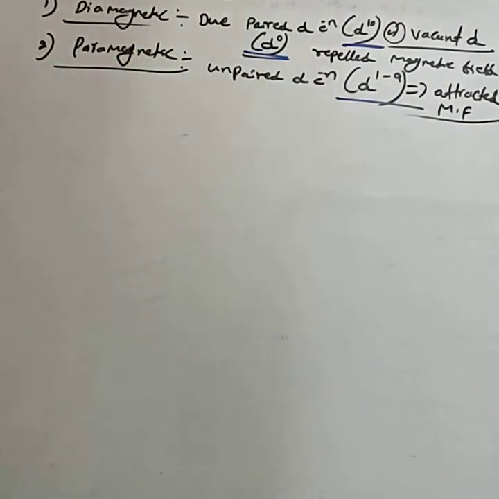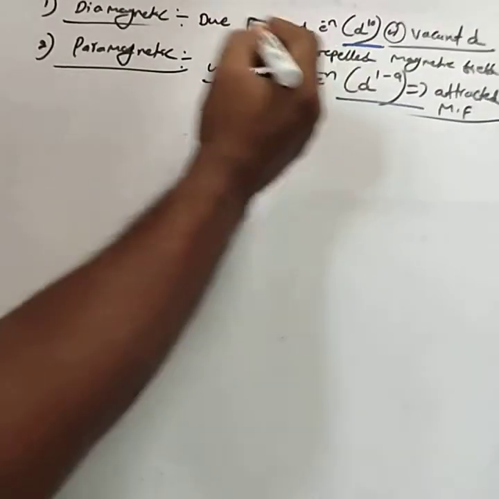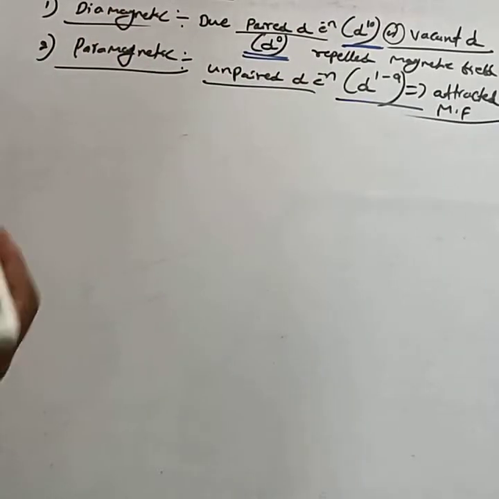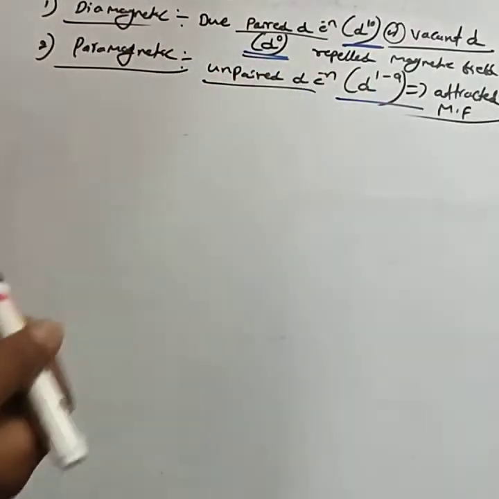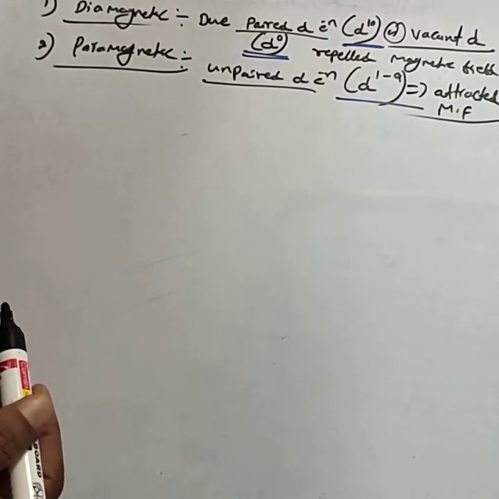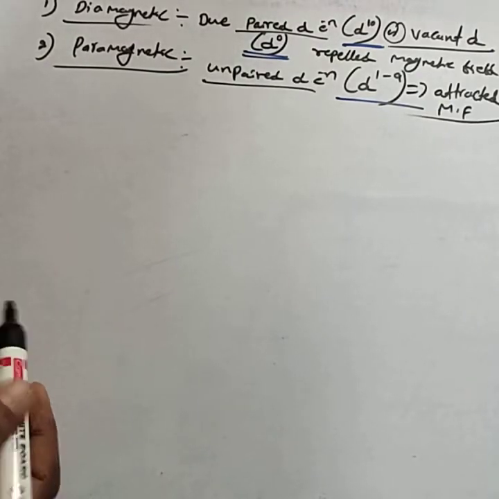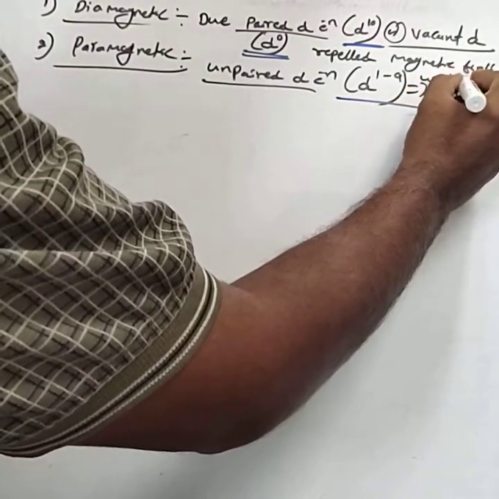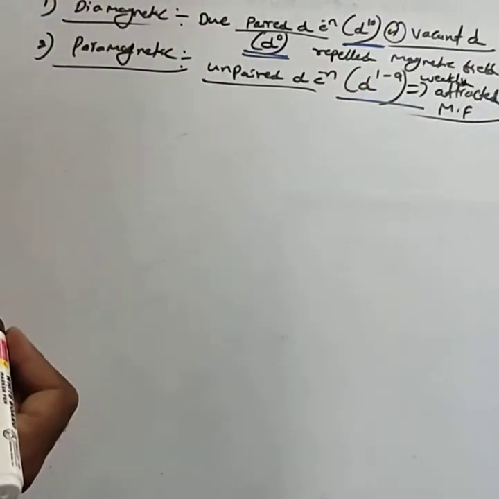Paramagnetic property is due to the presence of unpaired d electrons. If you have paired electrons, then it is diamagnetic. Unpaired means generally having d1 to d9 configuration. They are generally weakly attracted by the magnetic field.